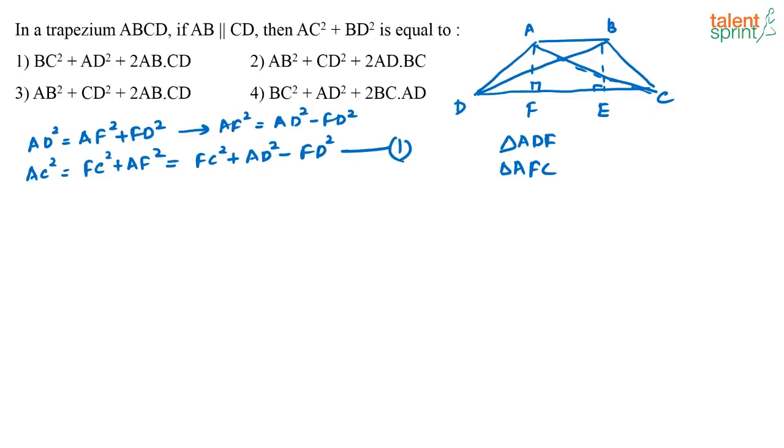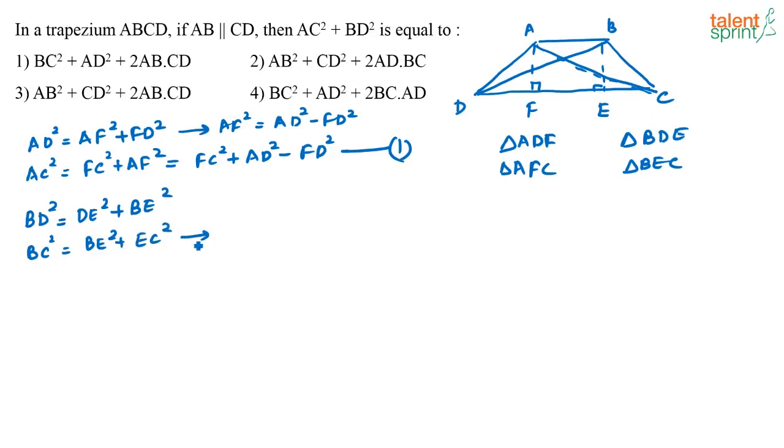Now, similarly, consider the other triangle. See, what is BD squared? If you consider the triangle BDE, again using Pythagoras theorem, I can say BD squared is equal to DE squared plus BE squared. Similarly, if I consider triangle BEC, again a right angle triangle, I can say BC squared is equal to BE squared plus EC squared.